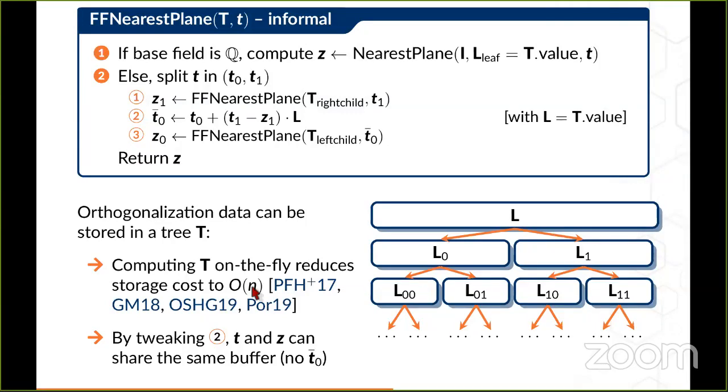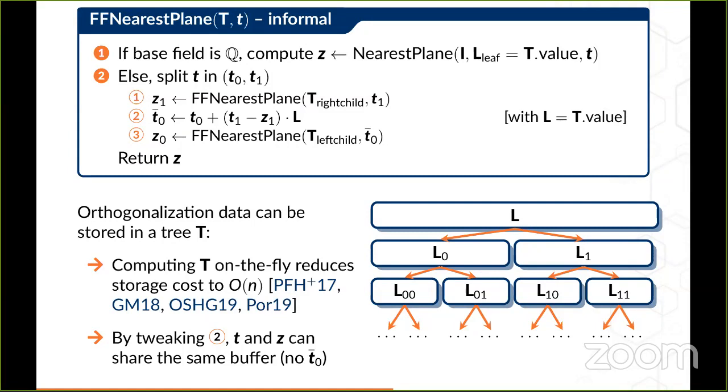Actually, we can be a bit more clever than that. Instead of computing the fast Fourier orthogonalization in the keygen and the fast Fourier nearest plane in signing, and we use a randomized version of the fast Fourier nearest plane, we do both during the signing procedure.